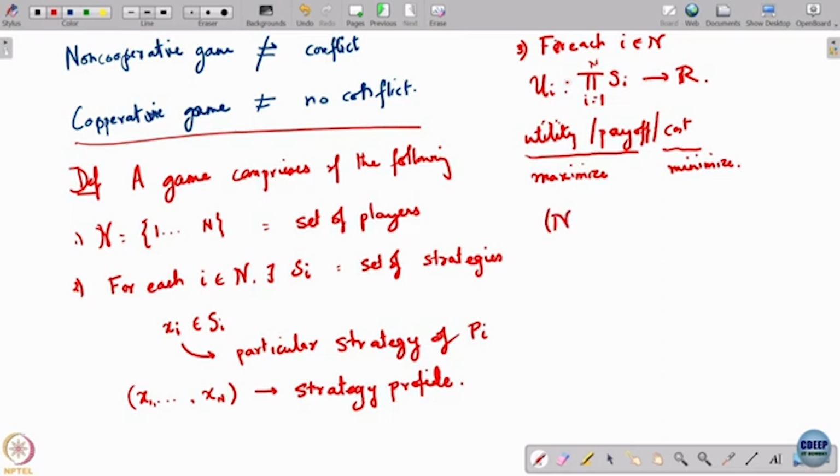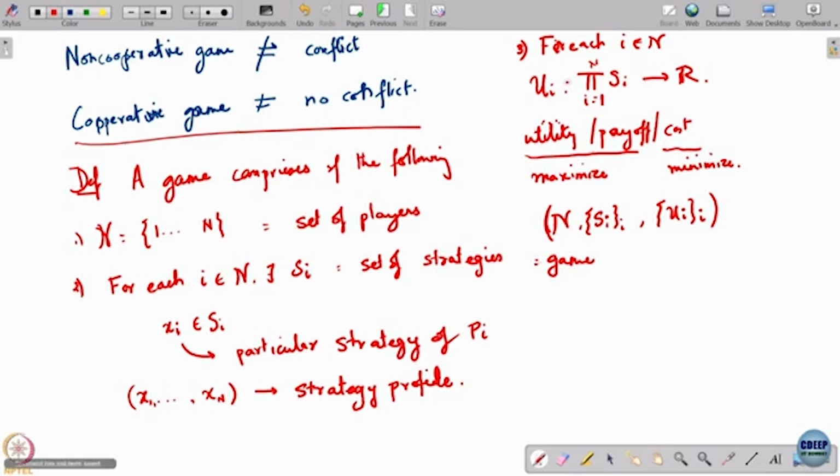So, a game basically comprises of a set of players N, a set of strategies for each player, and a collection of utility functions for each player. This here is a game. Okay. And as I said, since we are focusing on non-cooperative games, I also need to specify, alongside all this, what are the assumptions regarding communication and so on.